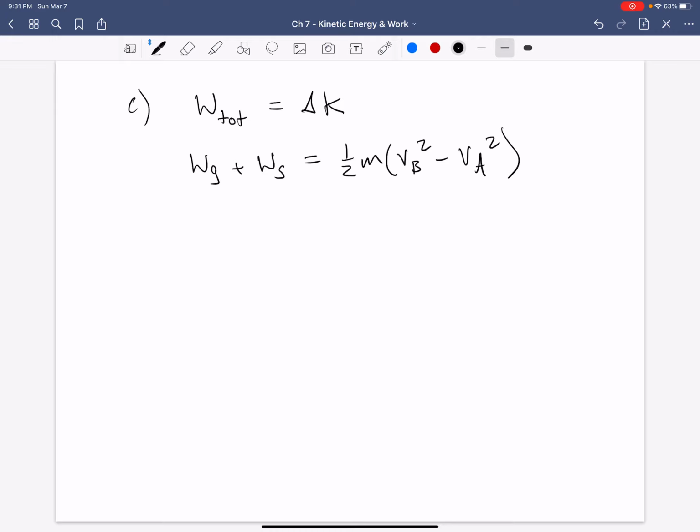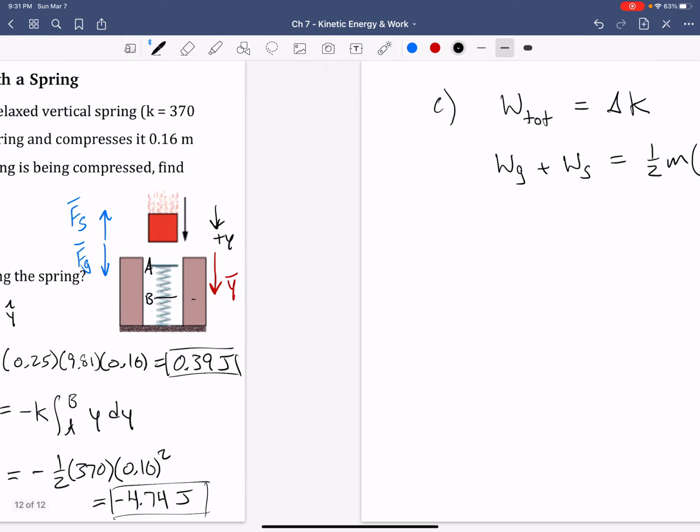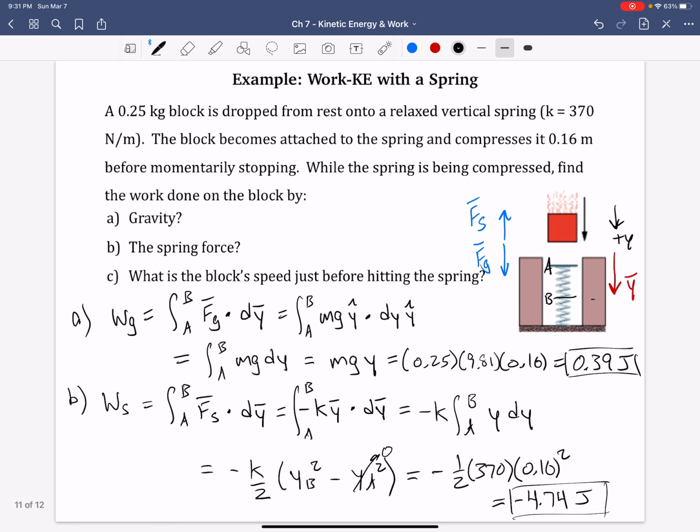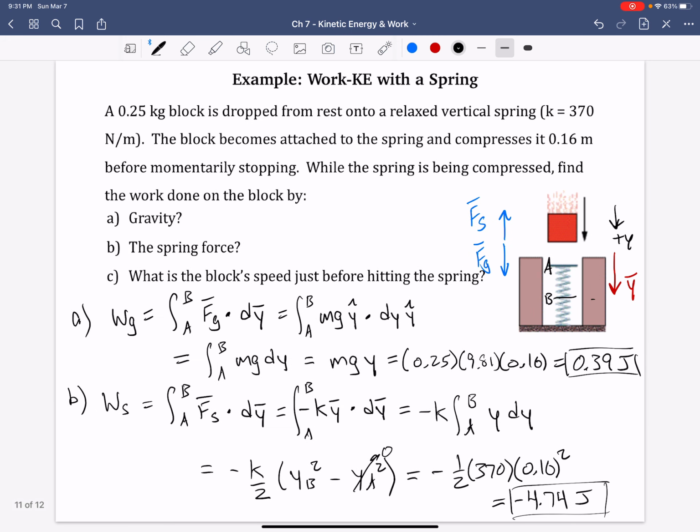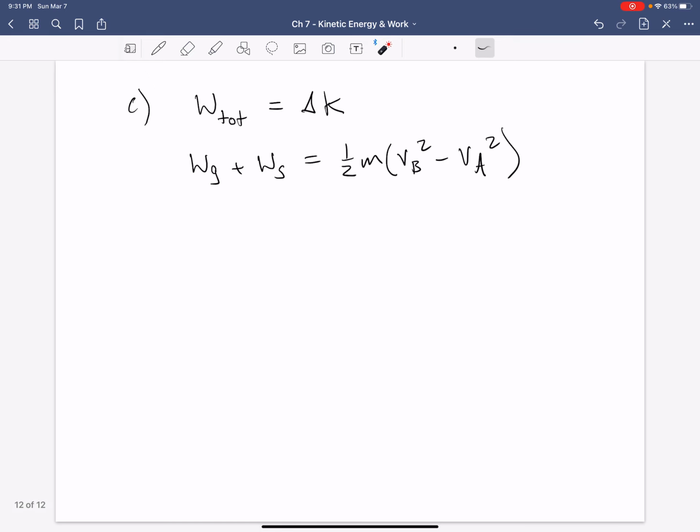And so from point A to point B, B is the final, A is the initial. Which one cancels out? Well, if it compresses to a stop, momentarily before stopping, that means at point B the speed is 0. It compresses to a final speed of 0.